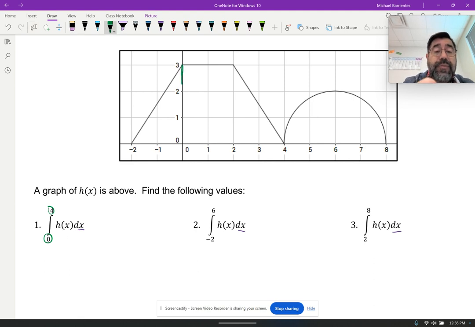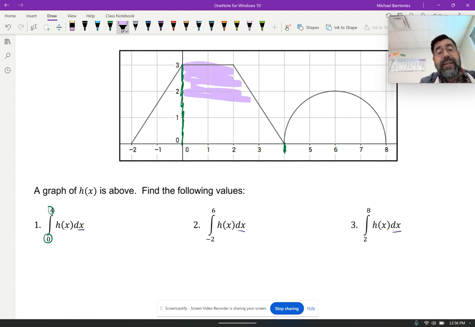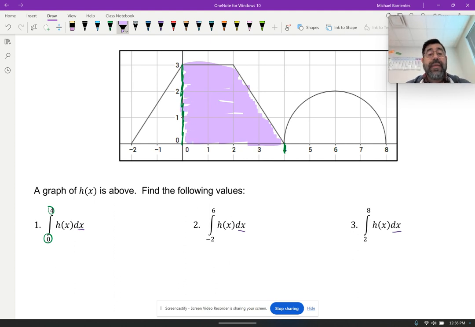So from here to here. So we're looking for this shaded area right there. So what is that shape? Because if I can find the geometrical formula to find the area of this purple highlighted part, then we're done.